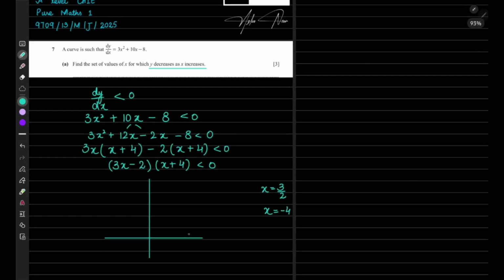Now, we will make a curve. As your a is positive, your curve will be open upwards.